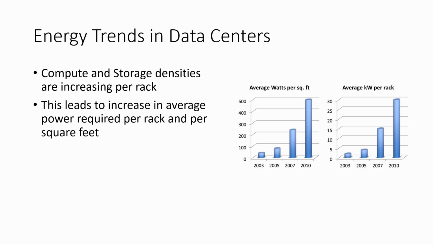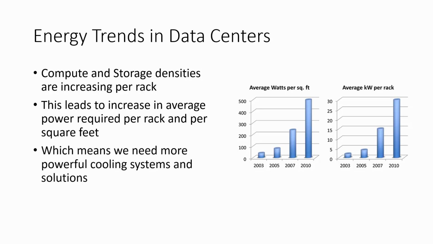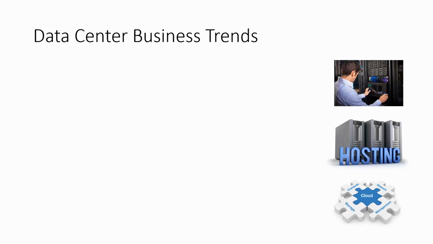So the increase in average power per rack and per square feet is directly tied to the increase in compute and storage densities, and this leads to more powerful cooling systems and solutions that are required to keep these racks of servers cool and within operational parameters.